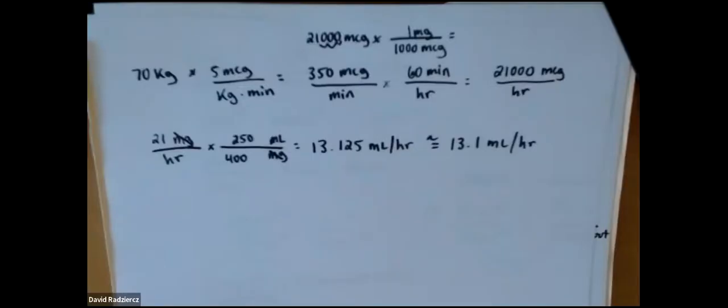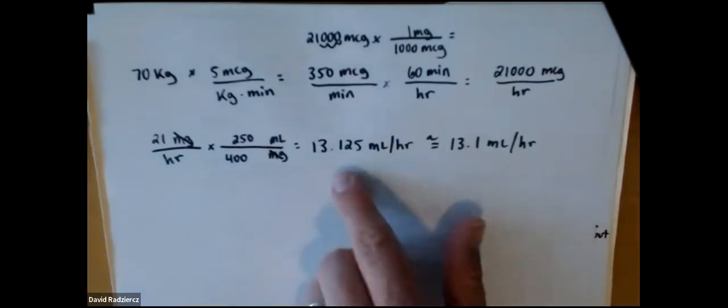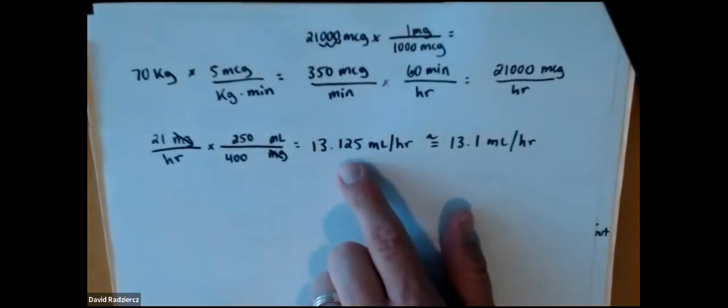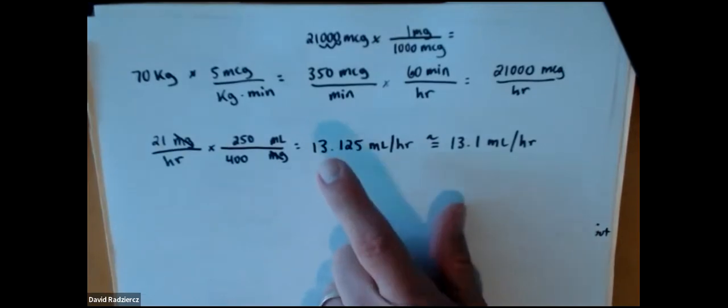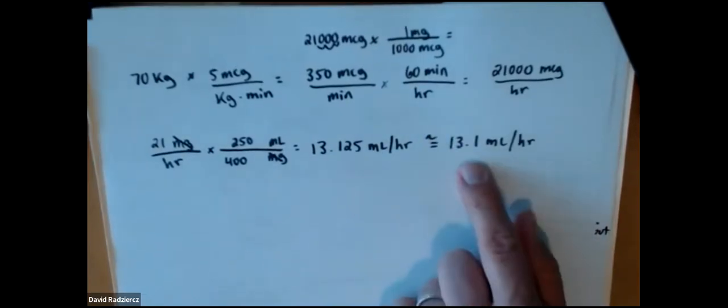So do we have to round? Because it left the answer as 13.125. Yes. Okay, round to the nearest 10th. I'm not sure why it was left unrounded in the key, but what I would say is when you're writing this out, put both answers. Write out your full answer and then round it.